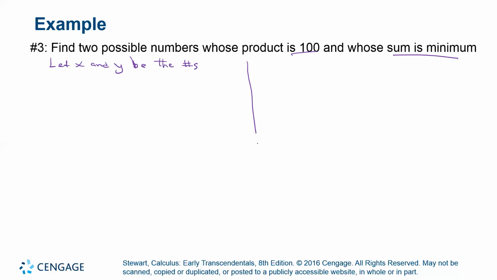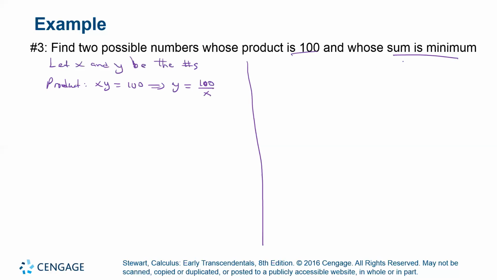We know that the product of these two numbers, which is xy, is equal to 100. So from this, we can solve for one of the variables, let's say y is equal to 100 over x.